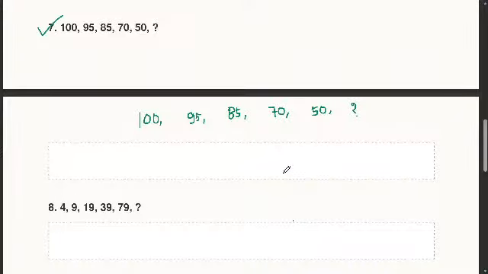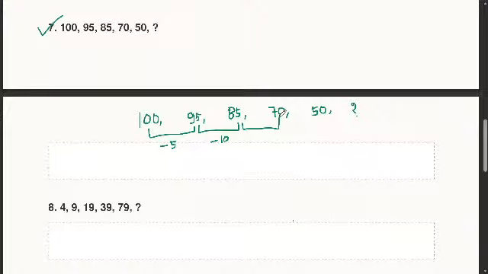You can see these numbers are very close to each other. We subtract 5 from 100, then we will get 95. Subtract 10 from 95 and you will get 85.